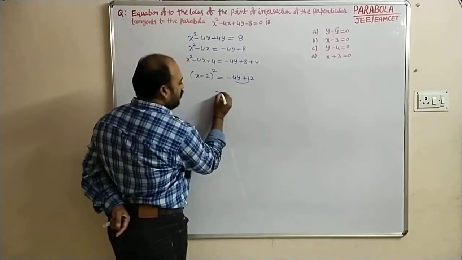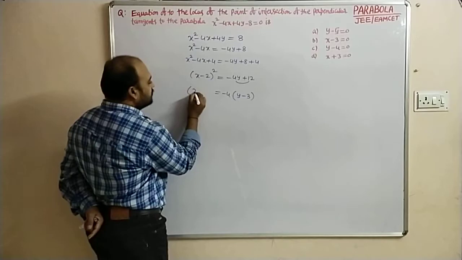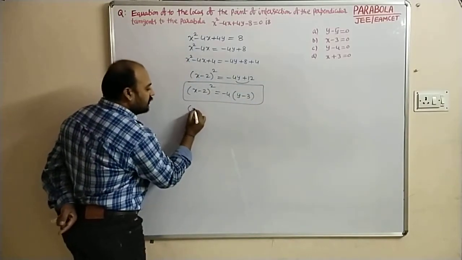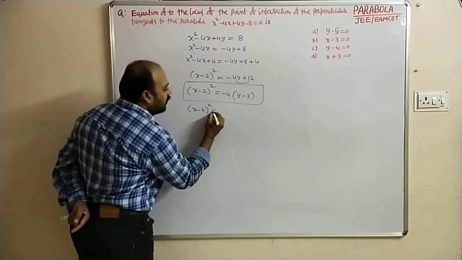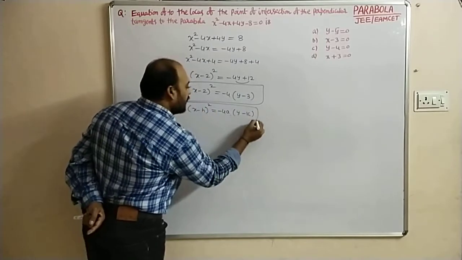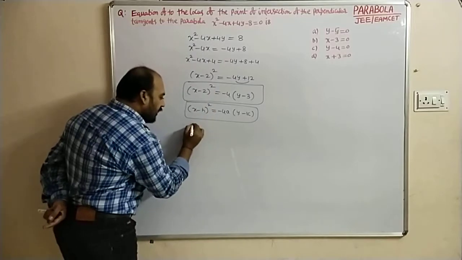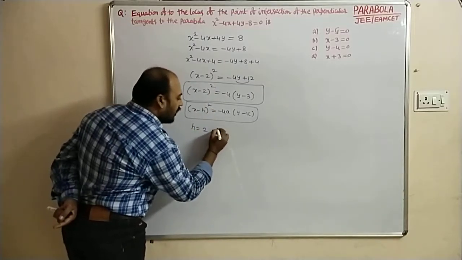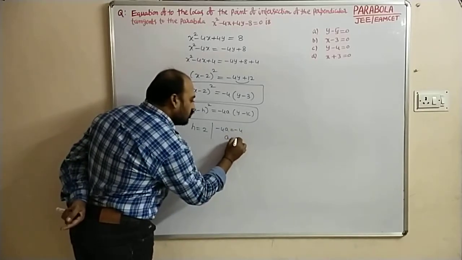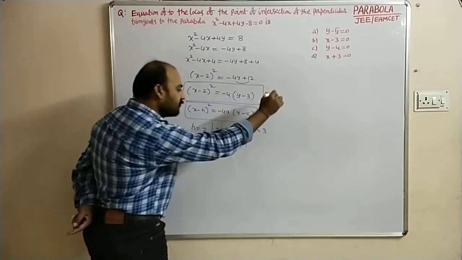Take common minus 4. So x minus 2 whole square equals minus 4 into y minus 3. This equation you have to compare with x minus h whole square equal to minus 4a into y minus k, and get the values of h, a and k. By comparing, h is equal to 2 and minus 4a equal to minus 4, so a equal to 1 and k equal to 3.